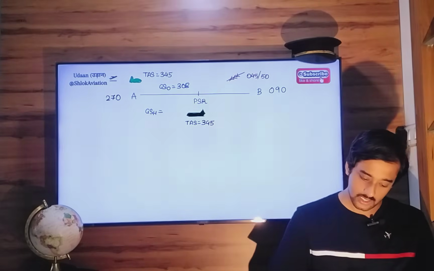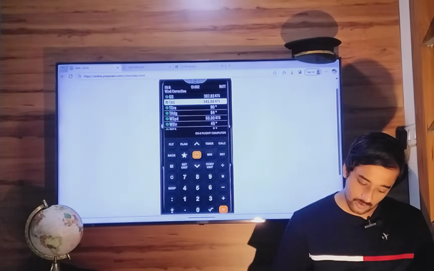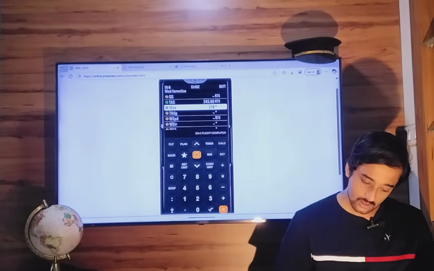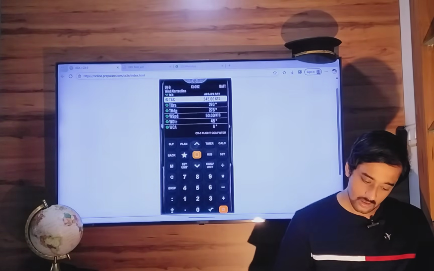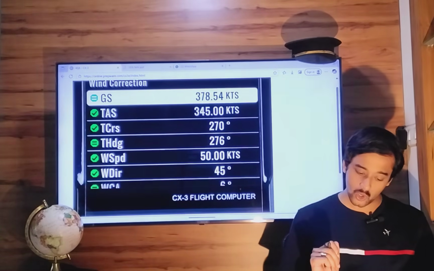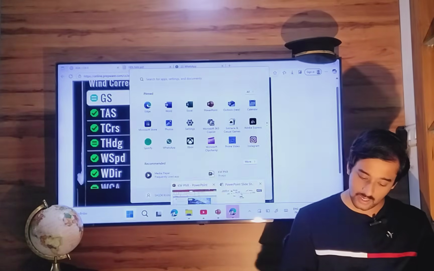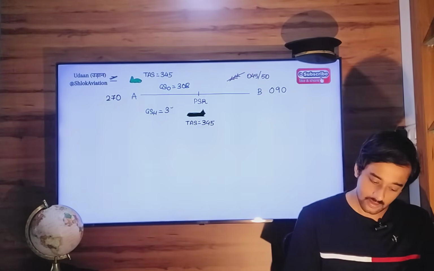Homebound ground speed, with 345 and course 270, make sure the homebound course 270 is inserted. So 378.5, that is 379.